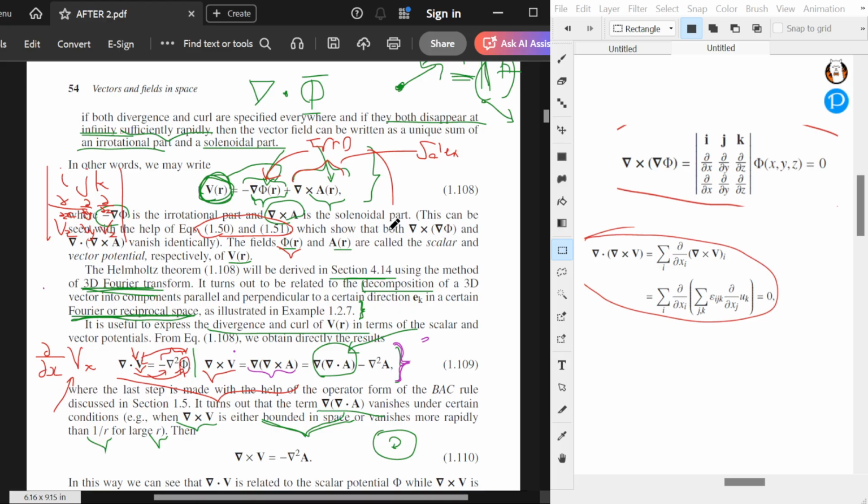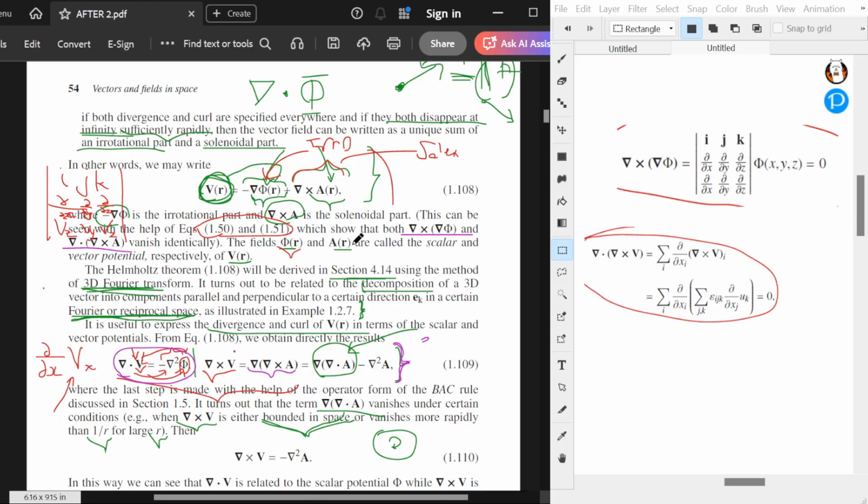Dot V equals this. Maybe there's supposed to be more terms, but since these vanish, they just don't include them here. Maybe that's the case as well.